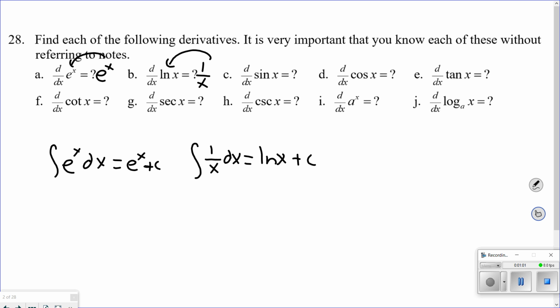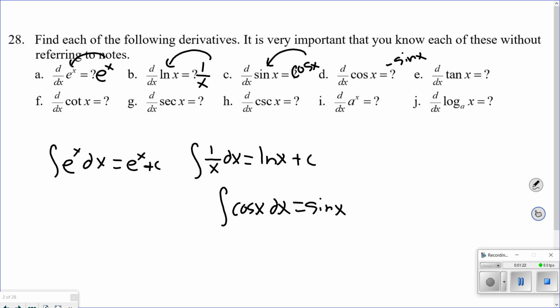The derivative of sine of x is the cosine of x. Well, that means the integral of the cosine of x, if I'm working backwards, is the sine of x. This is where it gets a little bit trickier. We know the derivative of the cosine of x is negative sine of x.